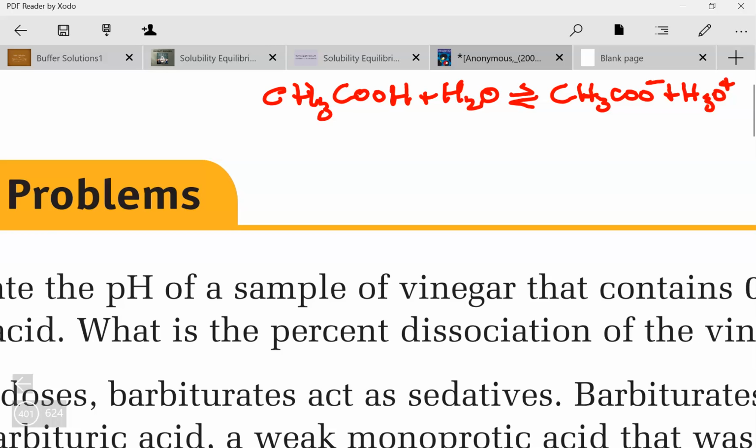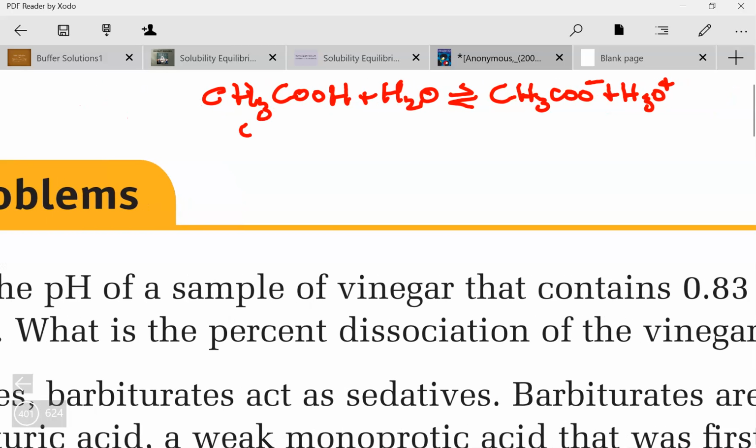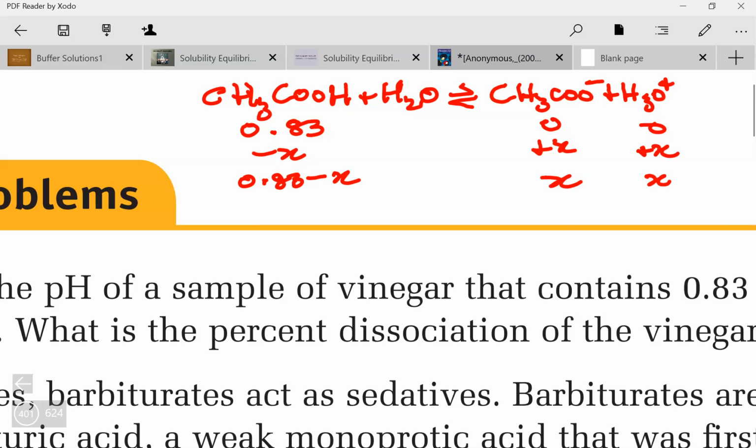We will then continue our ICE table: 0.83 minus x, 0, 0, plus x, x.